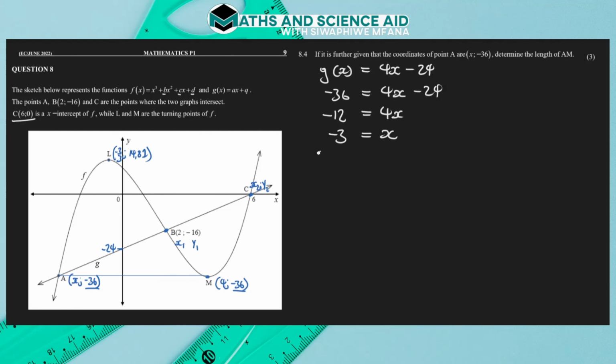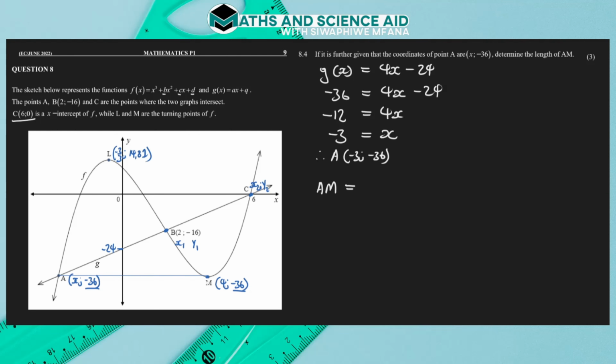So right now, we have that the coordinates of A are negative 3 and negative 36. And since AM is a horizontal line, we do not even need to use the actual distance formula. We can just simply determine the length of this horizontal line from the difference between the x values of the endpoints.